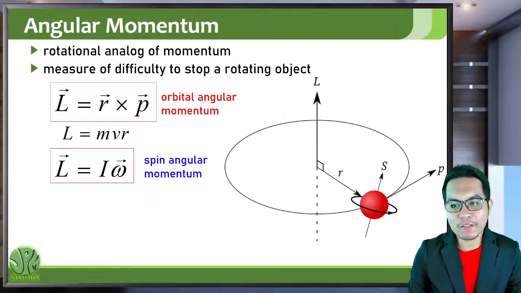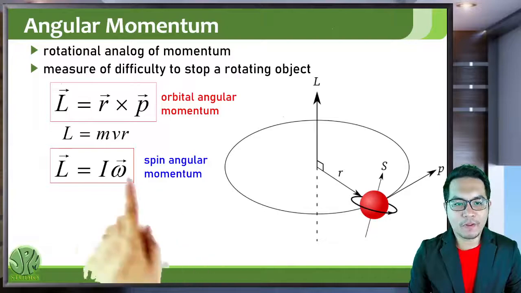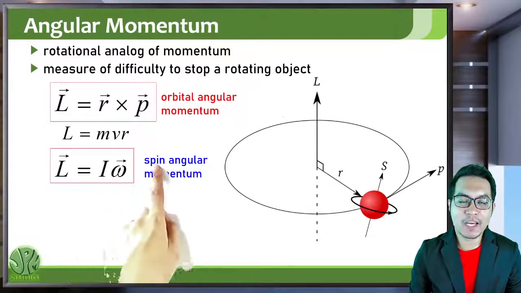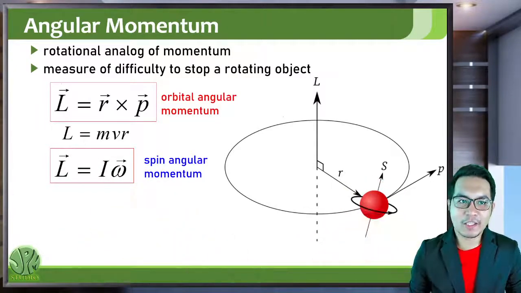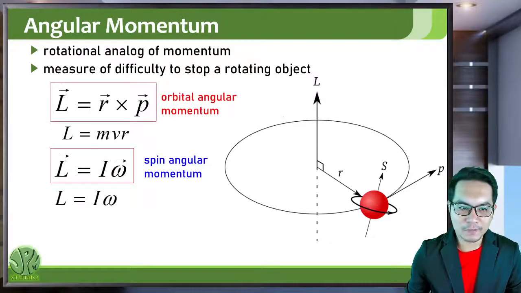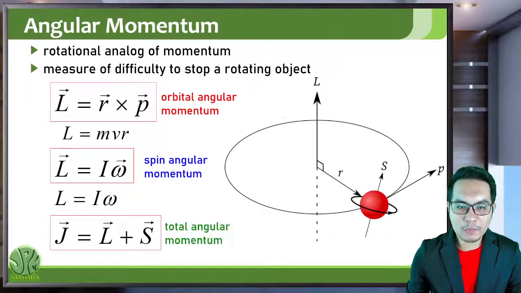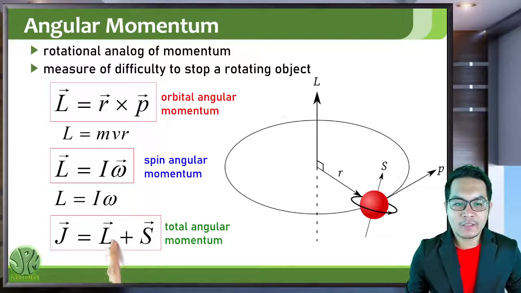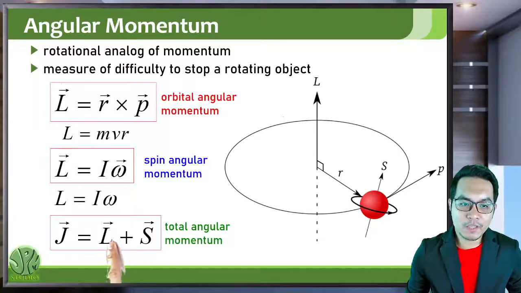In advanced physics courses, the symbol for this is actually S, because this is spin angular momentum, but in the reference that we are using, University Physics by Young and Freedman, we will still use L. But there are actually two types of angular momentum. So the total angular momentum is the vector sum of the orbital plus the spin angular momentum.